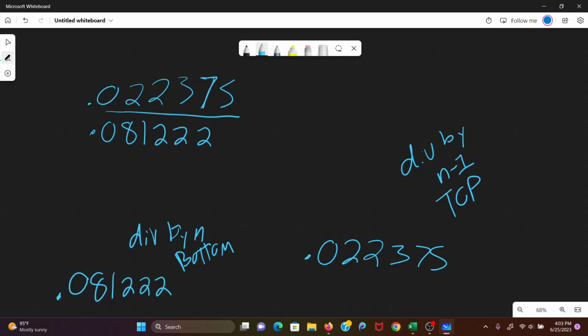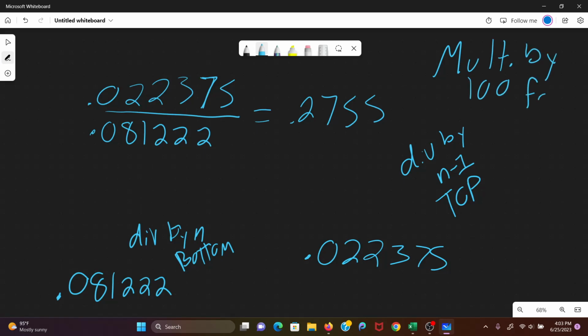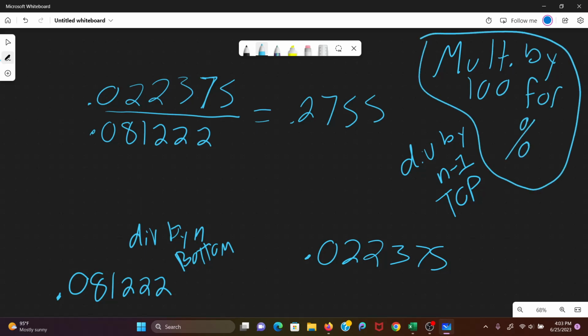Okay, so you have 0.022375, and you're dividing that by 0.081222, and that equals 0.2755, but you're going to multiply by 100 for a percentage, which is going to be 27.55%.